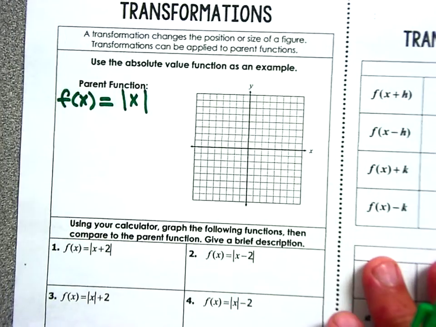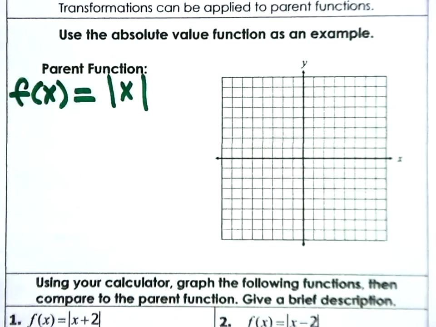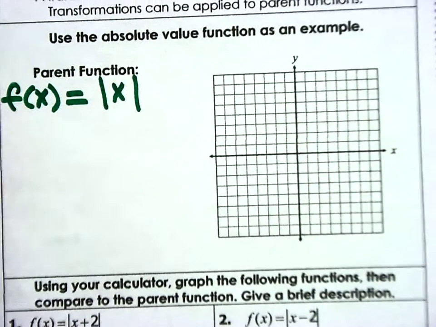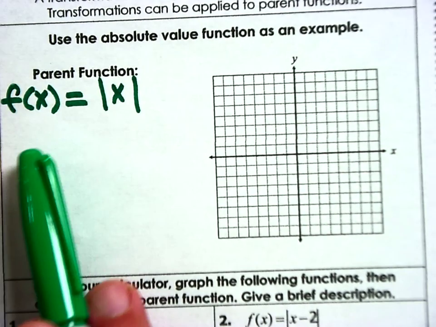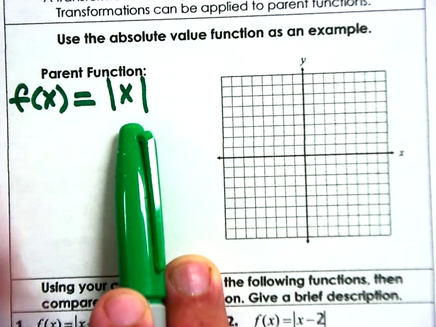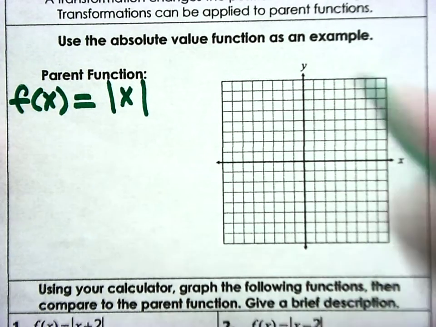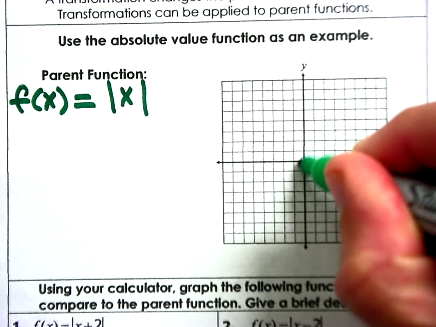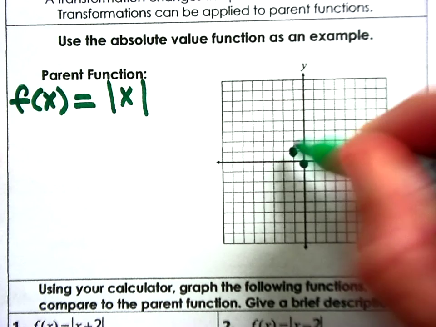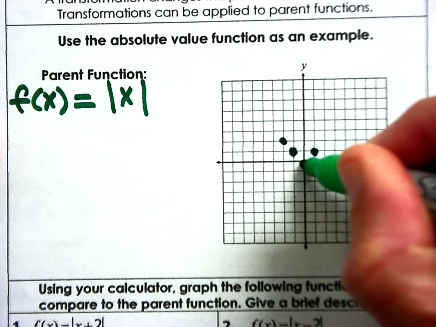So let me find you this graph paper. I'm going to zoom in here. So it says f of x equals the absolute value of x. All you need to know is the parent function is a V, hits at the origin, 0, 0.